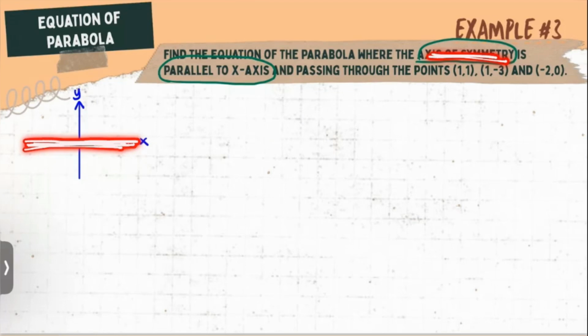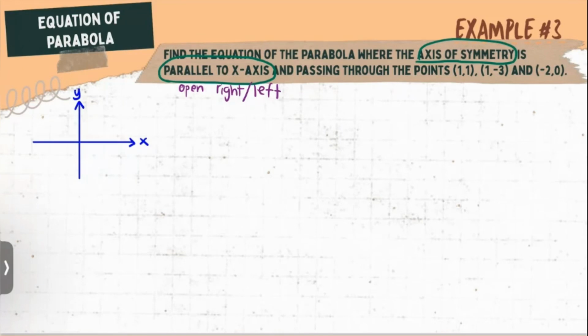So if this is our axis of symmetry, it means our parabola opens either to the right or to the left. So from this information, we know that it opens either right or left.